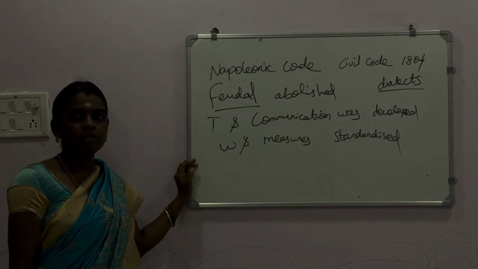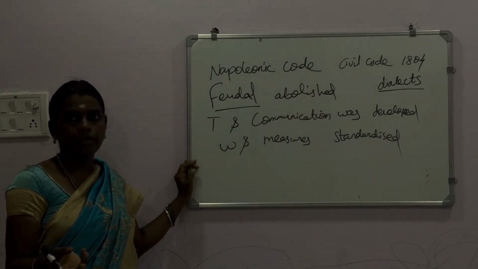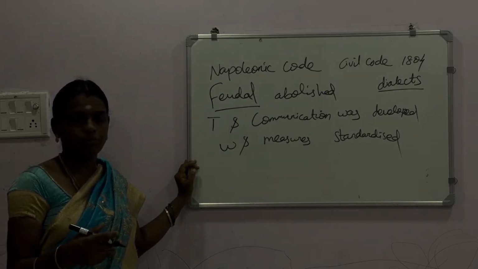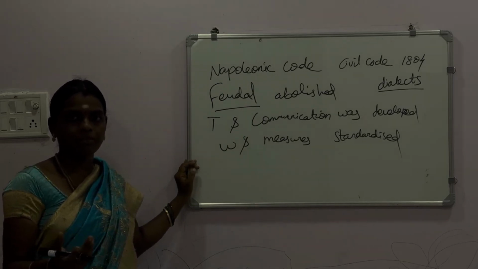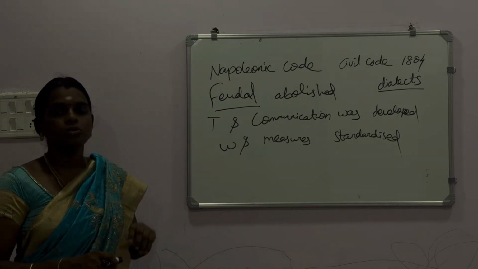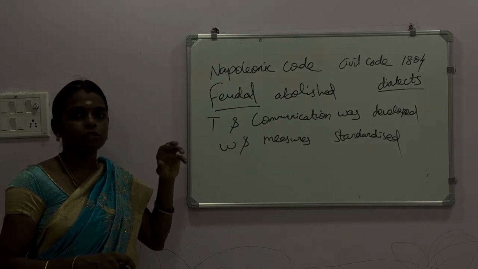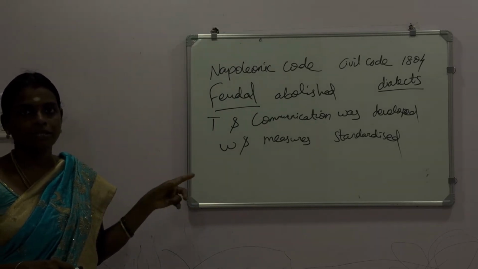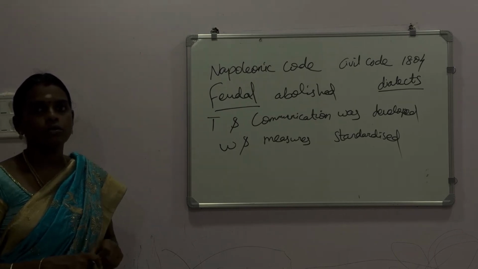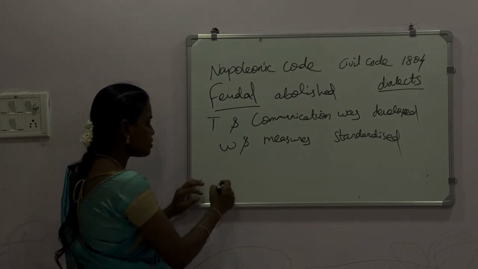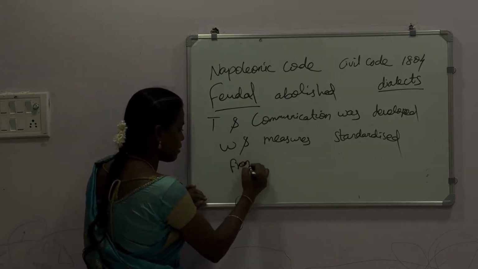Actually, we have diverse people in many countries. In India, we have diverse people, and most people use different kinds of languages. The same circumstances were witnessed in France also. They used to speak many kinds of languages, but French was announced as the official language under the Napoleonic Code. They discouraged other dialects.